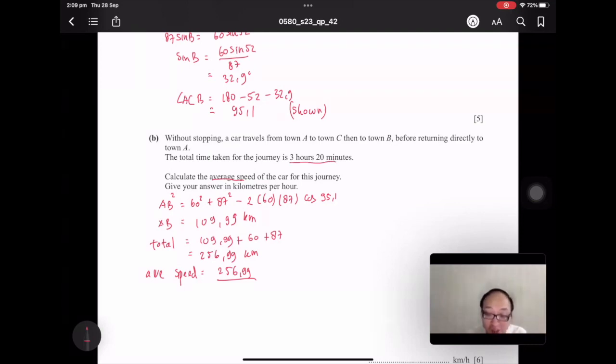We have to change it into 3 and 1/3 hours. So divided by 3 1/3, which is 10/3. So 77.1 kilometers per hour.